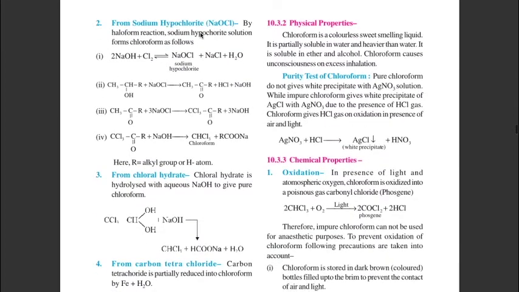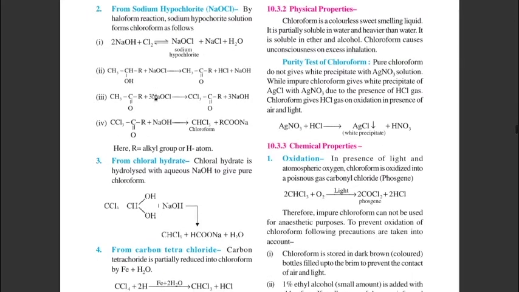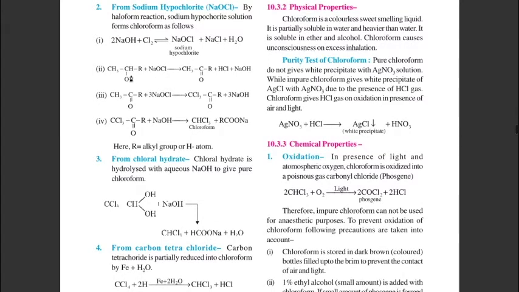Next is from sodium hypochlorite, NaOCl. By the haloform reaction, sodium hypochlorite solution forms chloroform. So sodium hydroxide, when treated with chlorine, we get sodium hypochlorite, NaCl and water. This sodium hypochlorite reacts with alcohol, whether primary or secondary. Then we get an aldehyde or ketone.